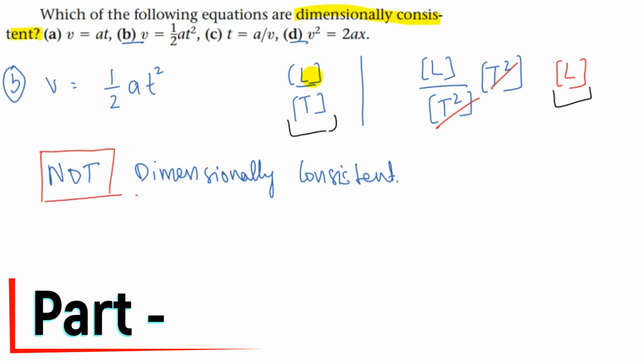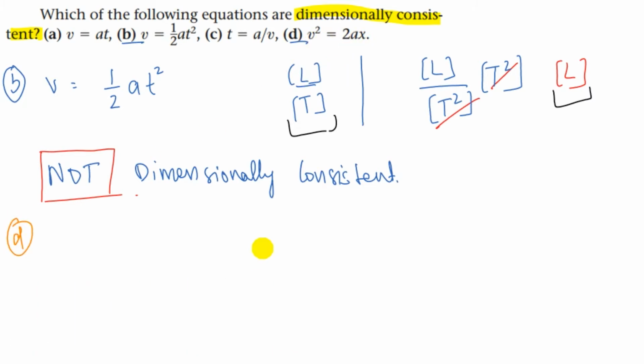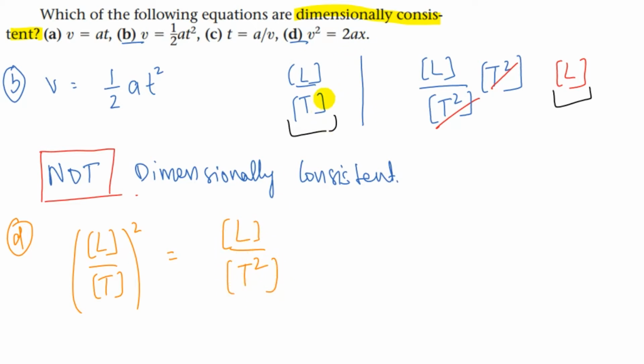Now next we can solve the D part, where the equation is v squared equals 2ax. So the same procedure we're going to follow. First I'm going to write the dimension for v squared. So v is velocity. The dimension for velocity is length over time, and it's squared, equals 2. It doesn't have any dimension. Now acceleration we have length over time squared, and the dimension for x here is distance.